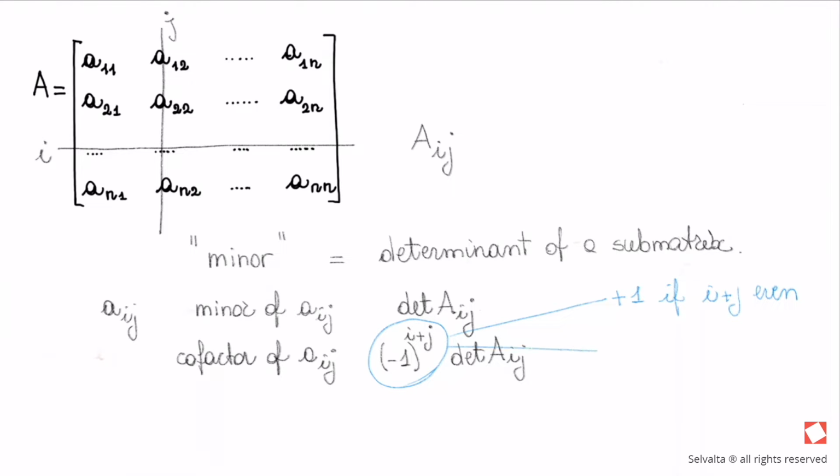If i plus j is odd, the coefficient is equivalent to multiplying by minus 1, then corresponding to a change in sign. More precisely, in the so-called even positions, the first minor and the cofactor coincide. In the odd positions, the cofactor is obtained multiplying by minus 1 the first minor.